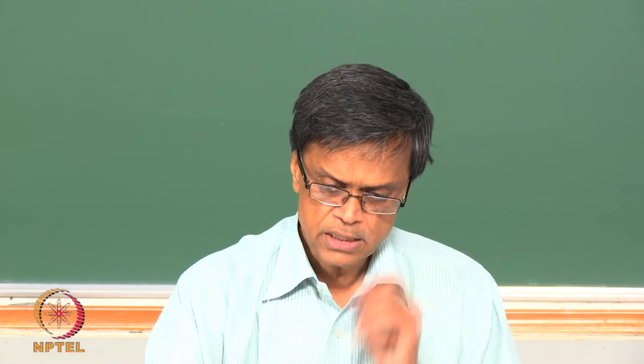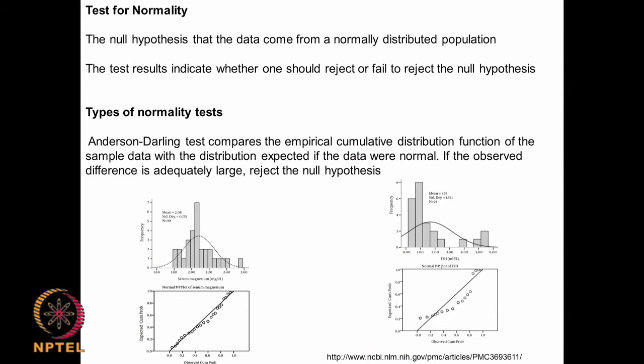Okay, so these are indications of non-normal distribution. Let us look at some points. When you are testing for normality, the null hypothesis is the data is from a normally distributed population, and the alternate hypothesis is that it is a non-normal distribution. So from the test you can accept the null hypothesis or reject the null hypothesis.